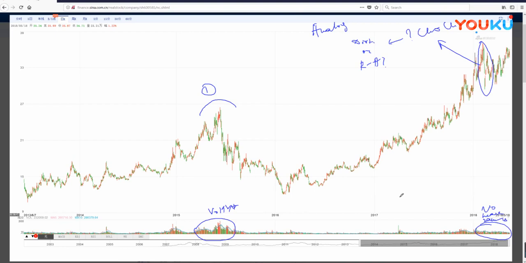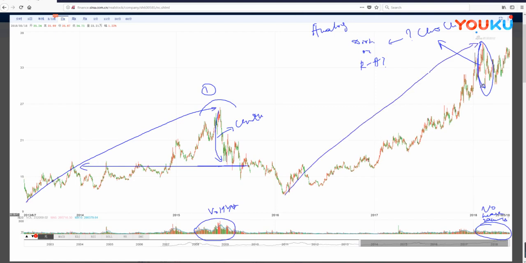That's number 1. The second one, the result of that selling and the extent of the change of character is quite different. We're seeing how relative to the previous rally on the first reaction down, we're giving up a lot of the gains. Here, we are not necessarily giving up a lot of the gains.